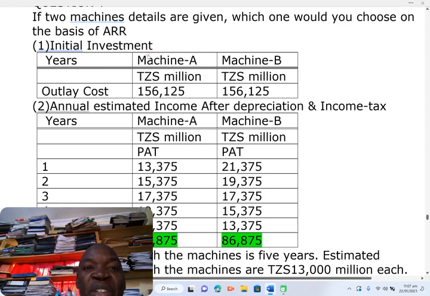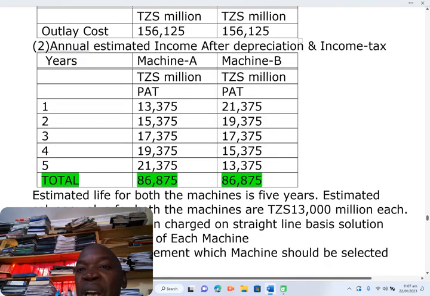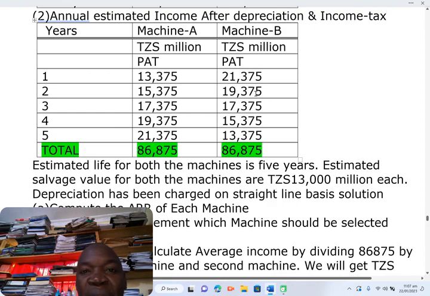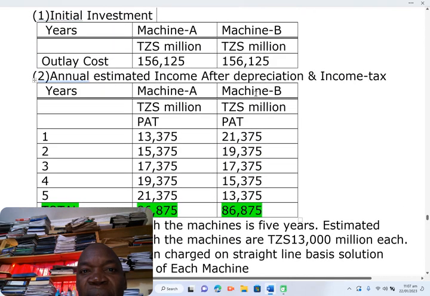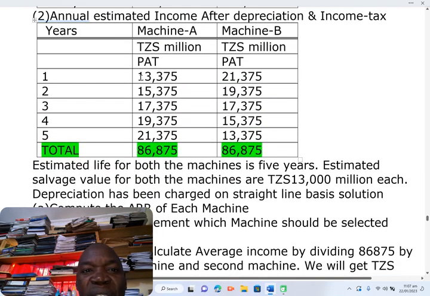Initial cost for the first machine is this million, initial cost for the second machine is this million, and you have the estimated annual income after depreciation. The concept here is to see that these are figures after depreciation.